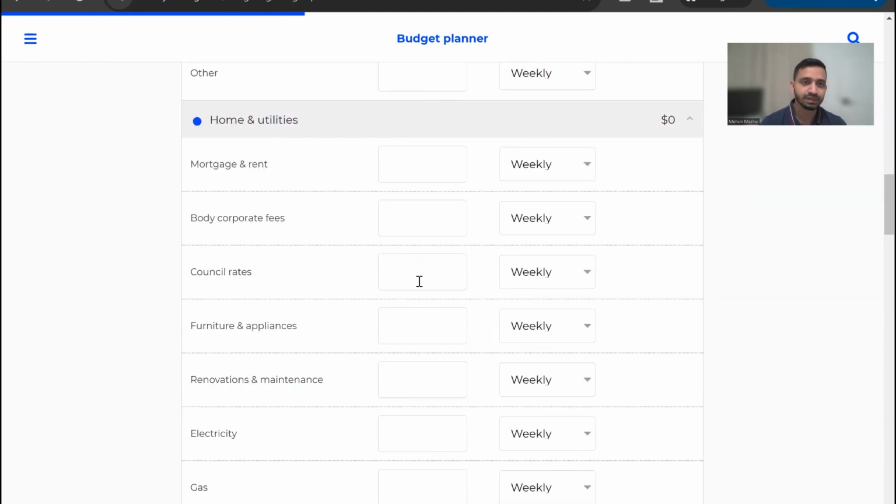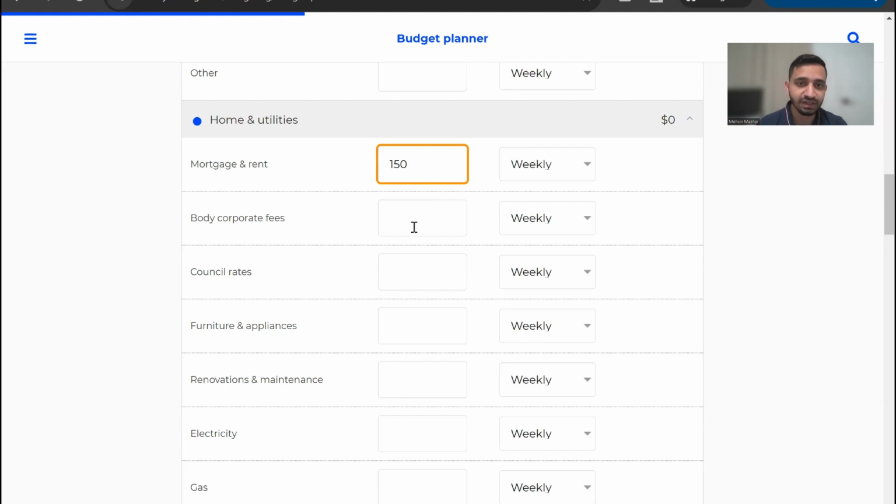Let's say home and utilities, mortgage and rent. This is very important. So you will have to identify how much rent you can afford, right? I'm going to come back to it once I've identified my basic expenses, but that might be different for you if you're sharing a room, and it depends on which suburb you live in. So let's put 150 for now.